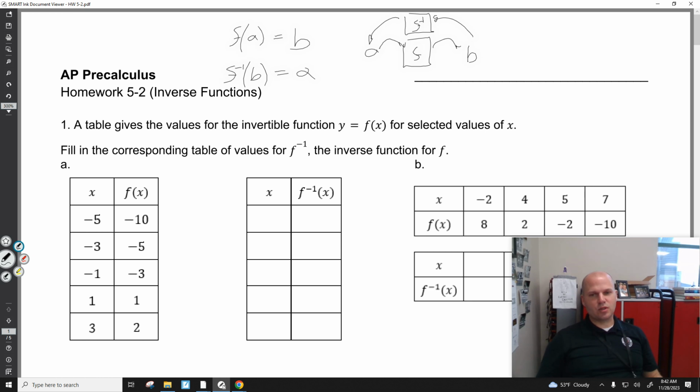What we don't like to do is really do X's and Y's. Some math classes teach you to flip-flop the X's and Y's. It kind of gets confusing. I don't like to do those. I like to stick with A's and B's. For example, if F has a point AB, the inverse has to have the point BA.